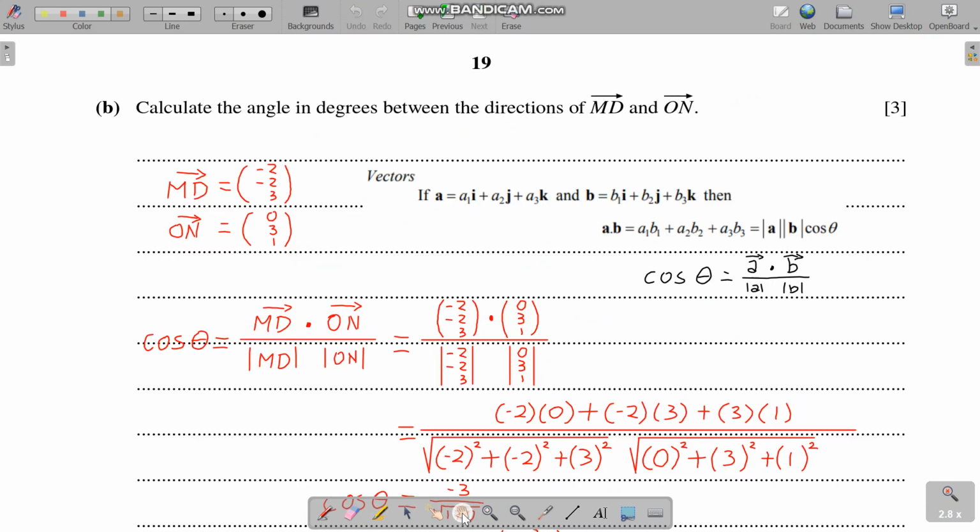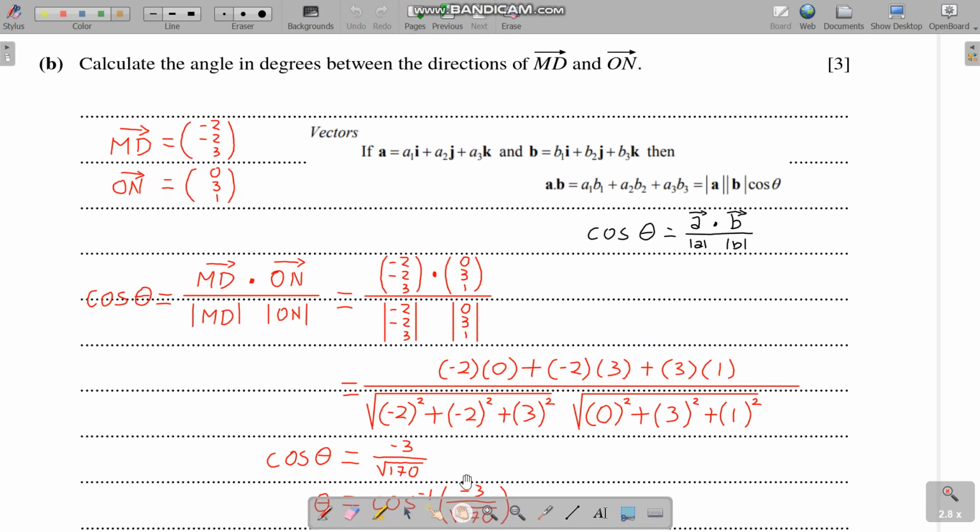Now to find the angle between MD and ON, previously we found the vectors MD and ON. We have the MF19 formula. If you modify this, you get this modified MF19 formula. And now we apply it here to find the angle between MD and ON.